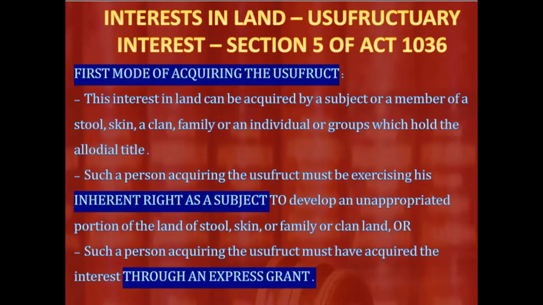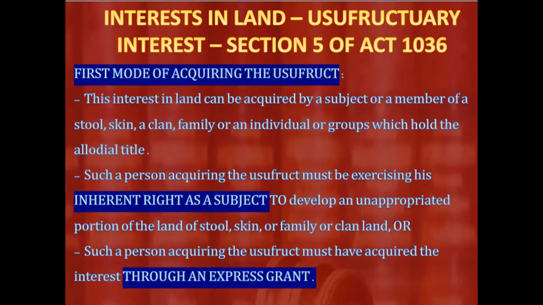And that this interest in land can be acquired by a subject or a member of a stool, skin, clan, family, or an individual or groups which hold another title. So first, the usufruct is an interest in land, and it can be acquired by a subject or a member of the person holding the allodial title.